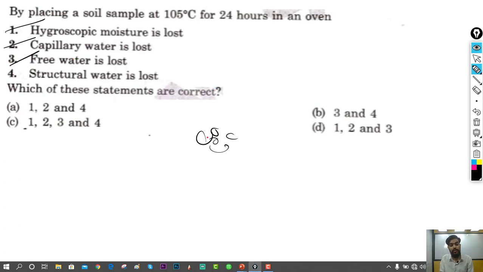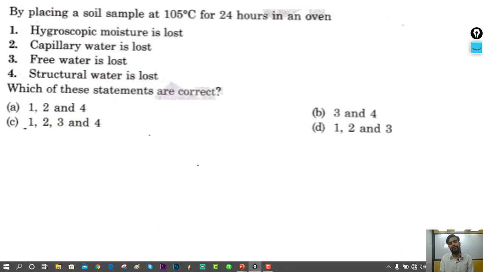But structural water within the soil is very negligible, though scientists believe that structural water is also present in the soil. So we can't ignore this, because we have to follow the pattern that all follow. So option fourth is not right, so option D is correct for this question. Don't go in deep because it is a research based question.